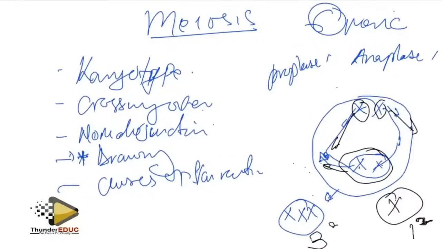Because it has 1, it is called monosomy. Because this one has 3 instead of 2, it is called trisomy. How does this lead to Down syndrome? If this fertilizes the ovum, it leads to an individual with 1 chromosome less.